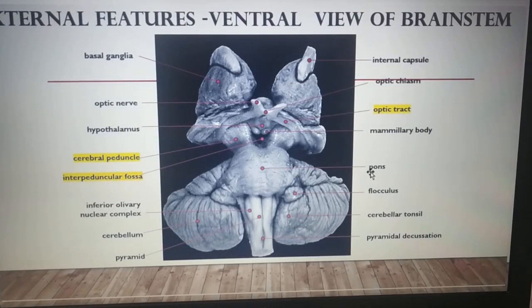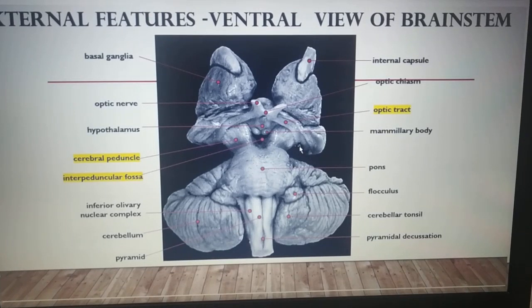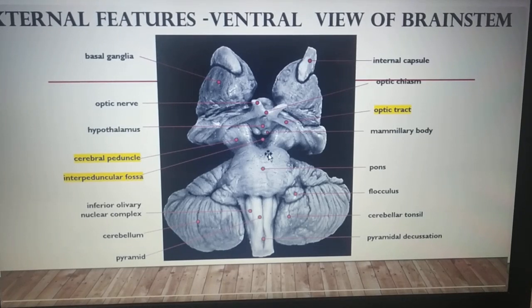So when we come to the ventral view of the midbrain, the first structure is the crus cerebri or the cerebral peduncle. It is finely corrugated on its surface because of the longitudinal fibers running from the cortex to the lower centers. If the fibers go from the cortex to the pons, where the nucleus is located, then those longitudinal fibers are called corticopontine fibers.